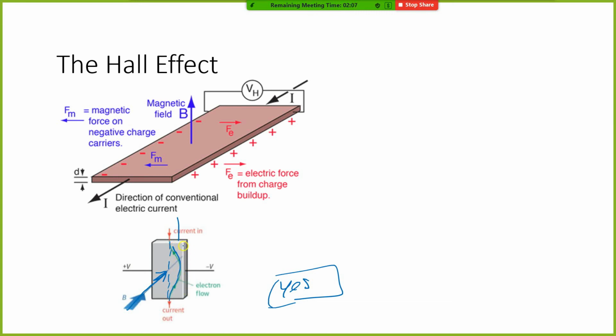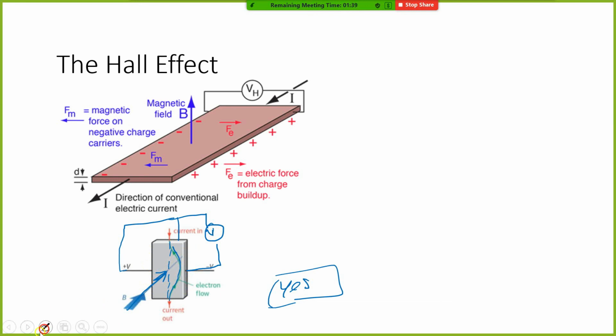Now, what we're going to see here is that if we were to take a very sensitive voltmeter and measure the voltage across this side and the voltage across this side, you would realize that there would be a small voltage on the voltmeter.